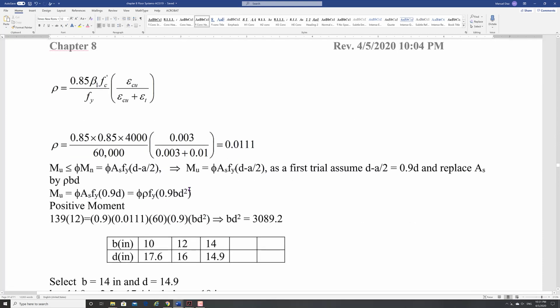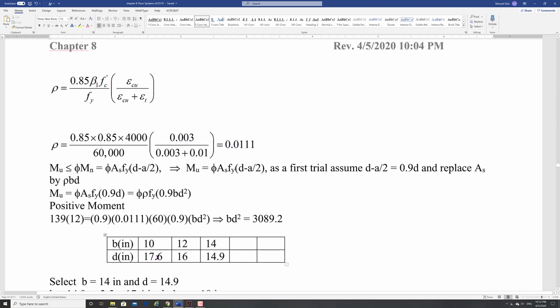So we're going back to the design of beams that we did in the previous chapter, right? So we set up the equation, replace this one by 0.9d, replace the area of steel by rho bd, and you get a little table, right? So we're back to the table. By now you should be able to do this, okay? So these are your options.